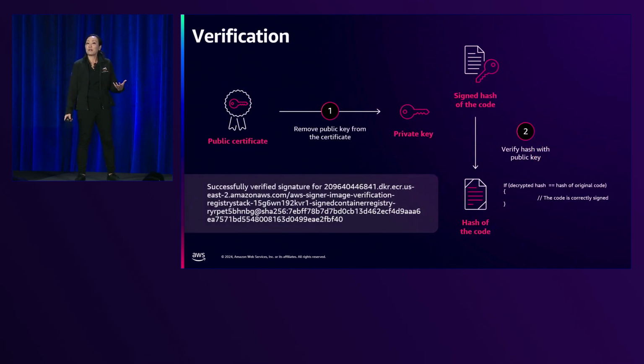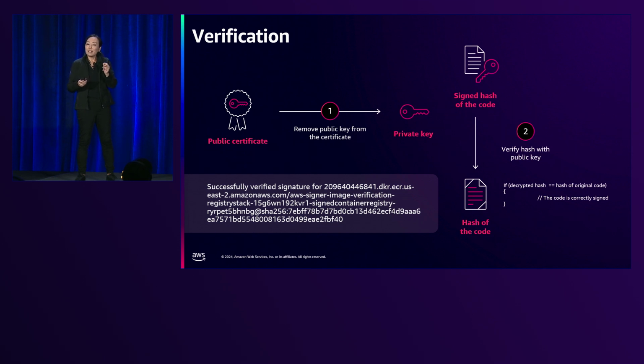Now, what about verification? So when you sign, you always need to verify, right? And the first step is to download that container image stored in your registry alongside your signature. And then from that signature, you need to extract the public key associated with it. So when you extract that public key, that actually corresponds to your private key.